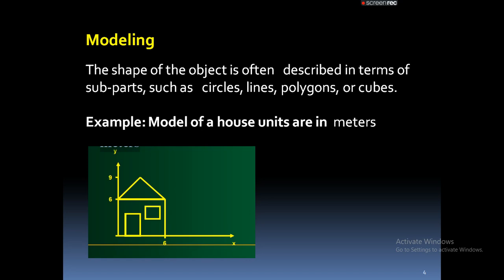That mathematical description specifies the shape of the object, whether it is a square or rectangle or triangle or circle or lines or cube or various types of polygons.